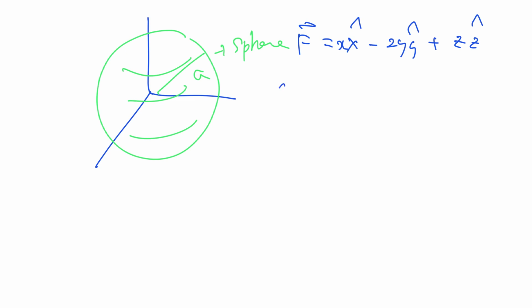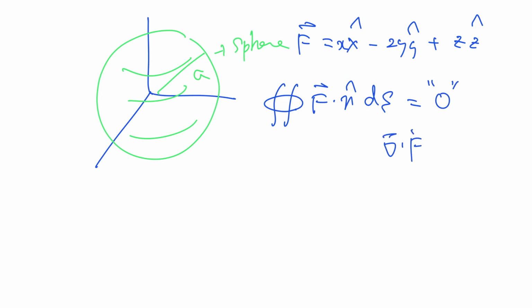And define this. What is this? By now, I think you might be able to calculate this by memory. What is divergence f? 0, right? So the answer should be 0 in this case, because divergence f is 0.